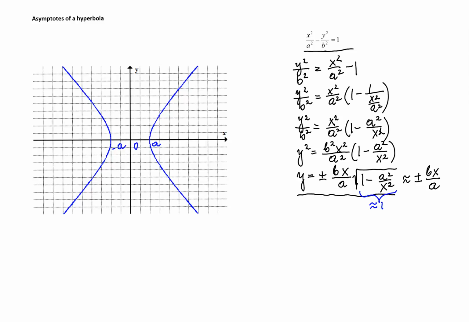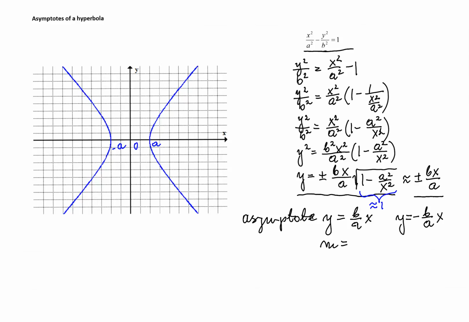And that means that the values of y are close to the values of plus or minus bx over a, which are on a straight line with the slope plus or minus b over a. And that means that we have two asymptotes. One asymptote is the line y equals b over a x, and the other one will have the slope negative b over a.